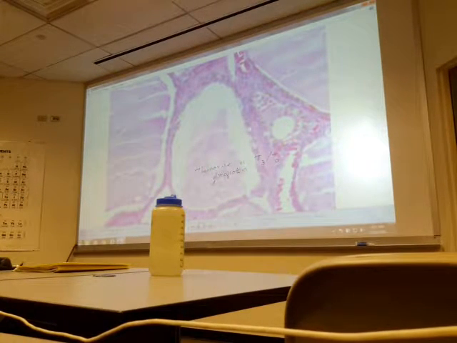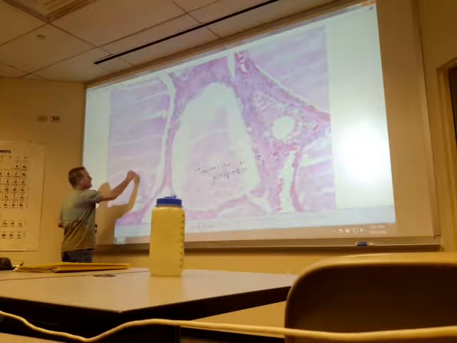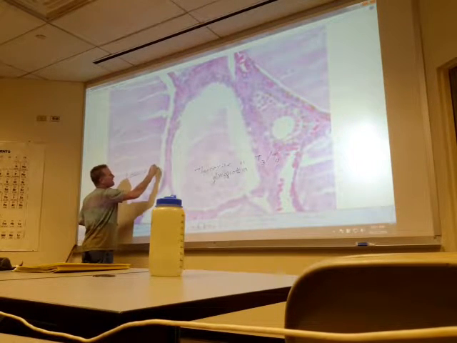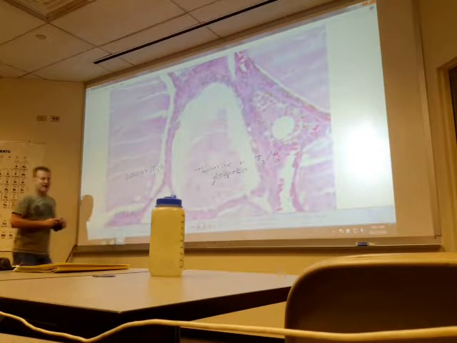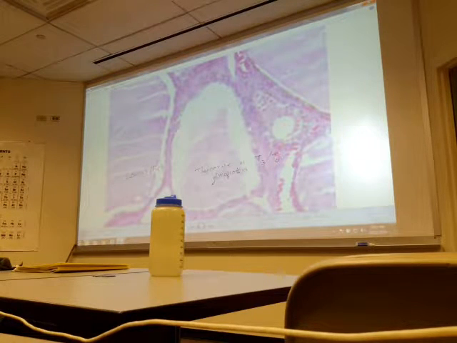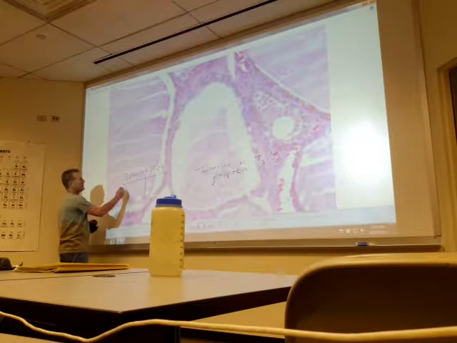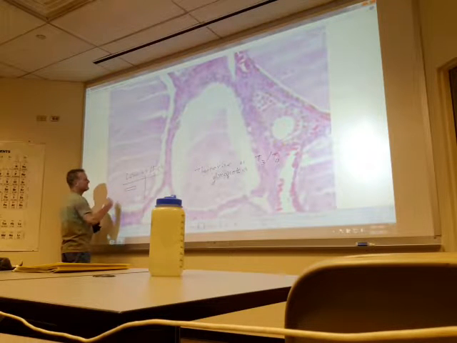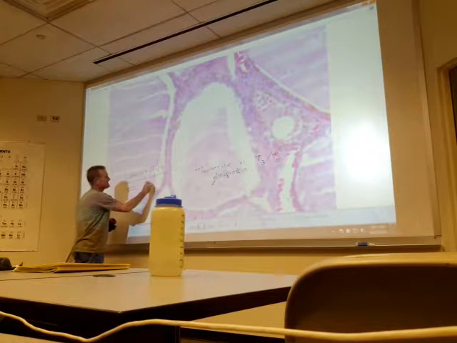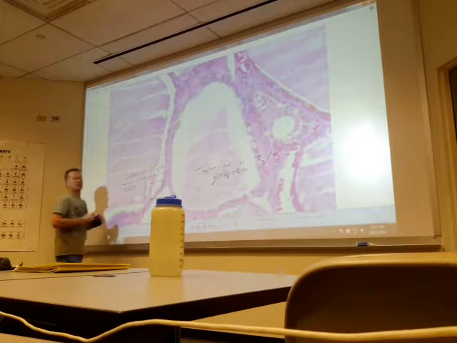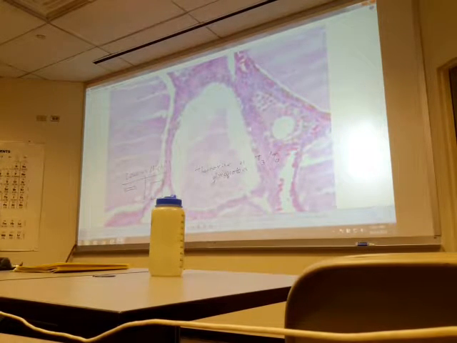Now in your histology note cards, books, whatever you've got there, you know that I talk about low versus high. It's simple cuboidal, yeah, but low versus high. When the cuboidal is designated as low, the cells look squamous. And when it's designated as high, the cells look cuboidal. But we call it simple cuboidal the whole time.